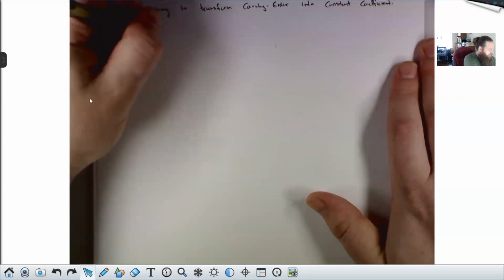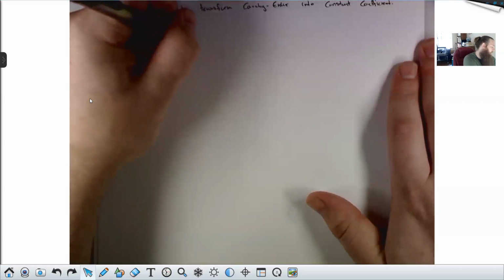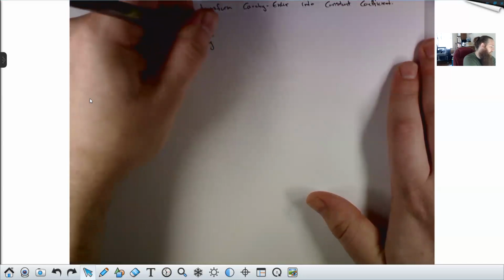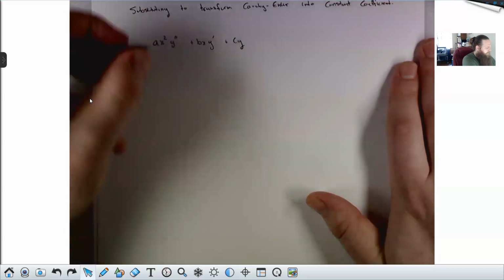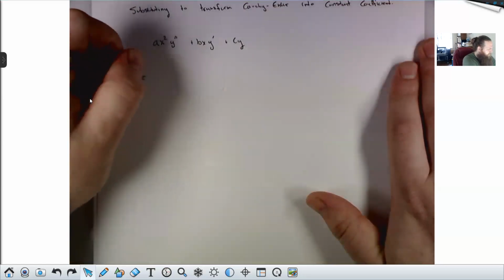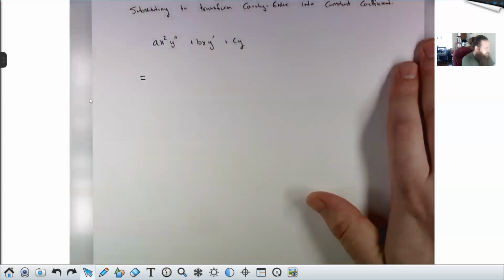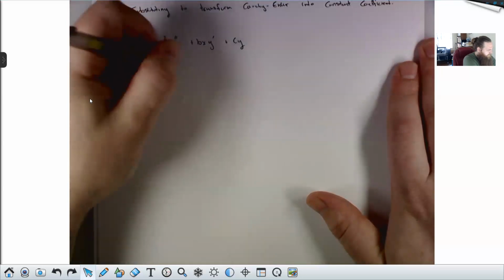So we'll take ax squared y prime prime plus bx y prime plus cy. And first, maybe I'll just rewrite this in the other notation.